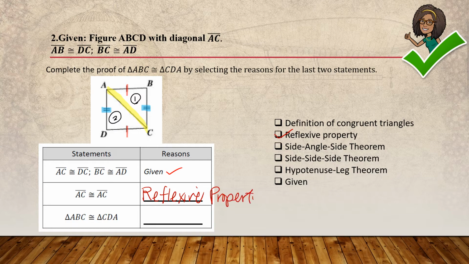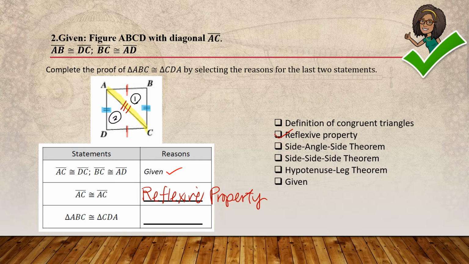All right, so remember, the reflexive property just states that you have one part of a figure that's congruent and corresponding to the same part in another figure. All right, so now that I see that AC is congruent to AC, we can now go ahead and state that the 2 triangles are in fact congruent. And why are we stating these 2 triangles are congruent?